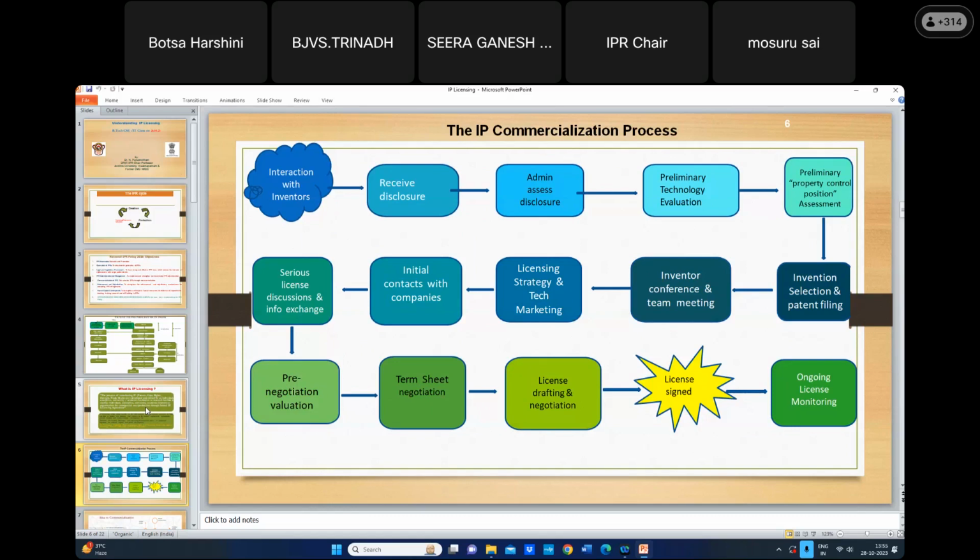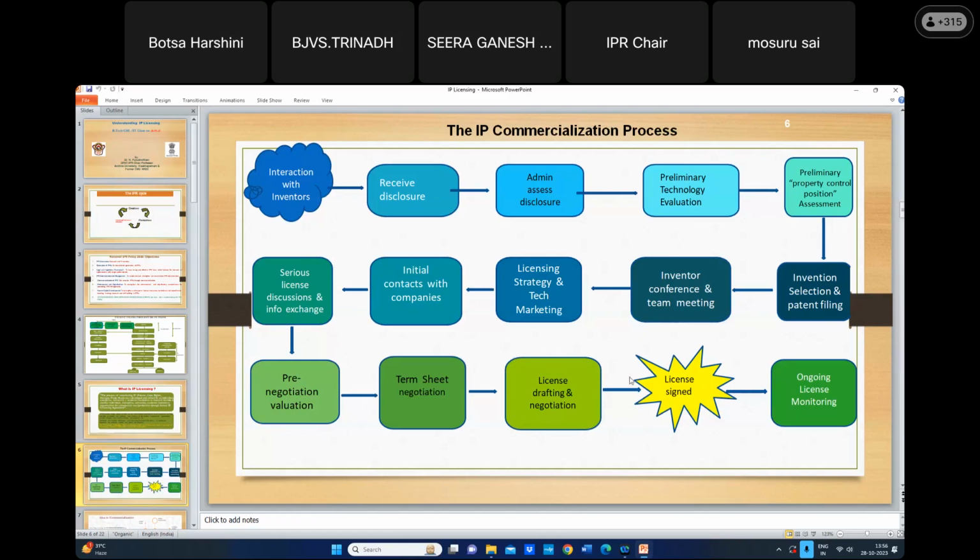Then the office receives this application and does the standard scrutiny or analysis and the preliminary evaluation. Then a decision is taken on what kind of intellectual property right we can seek for that new knowledge. It could be patent, trademark, design, or copyright.